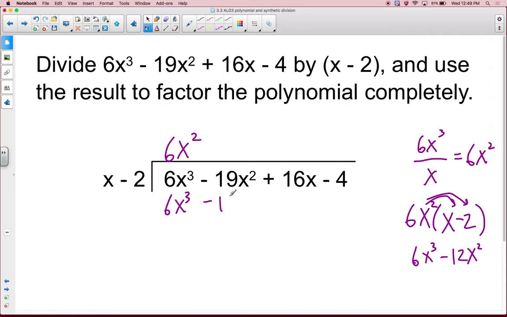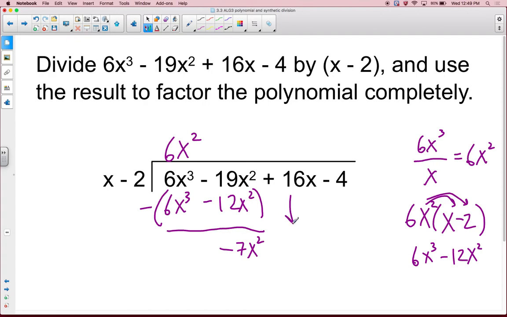I'm also going to put this in parentheses to show that I need to subtract everything here, everything in this binomial. So these first two terms, this should always cancel out if you divided it correctly. Then we have a negative 19x squared minus a negative 12x squared will give us a negative 7x squared.